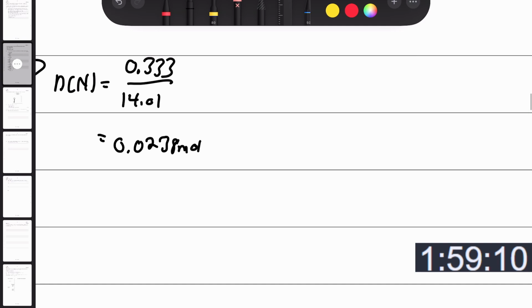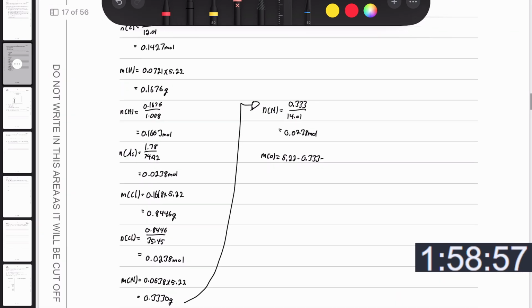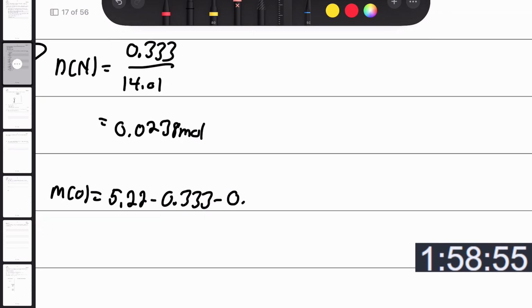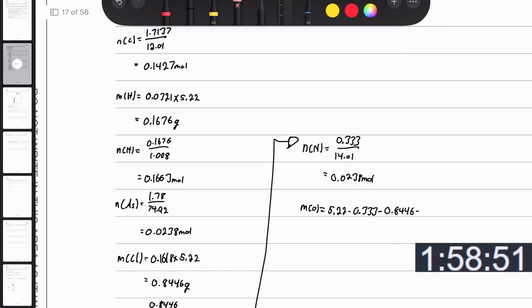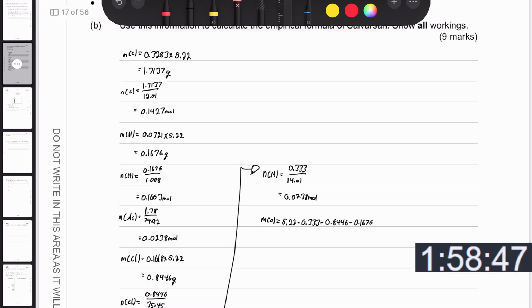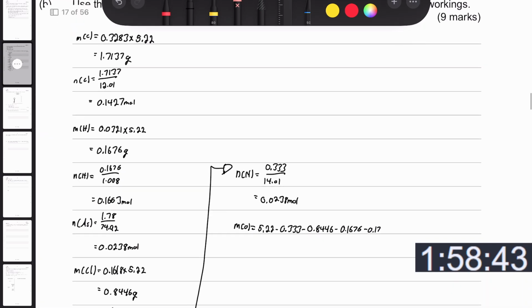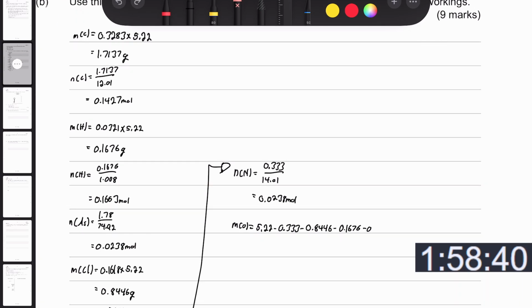And then mass of oxygen is equal to 5.22 minus 0.333 minus 0.8446 minus 0.1676 minus 0.1717, or 1.7137.